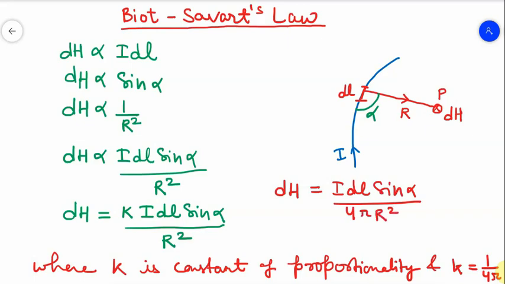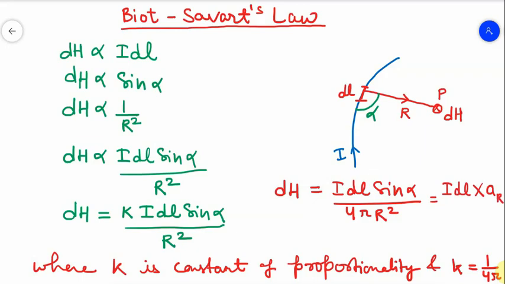Okay, now if we try to write this relation in the vector form, how can we write it? You can write it as IDL cross aR upon 4 pi r square, because you know that in the cross product the sine of the angle appears.